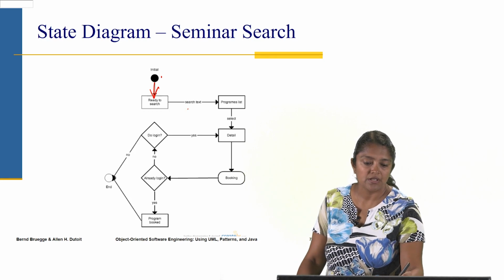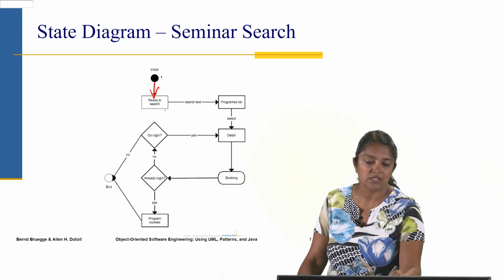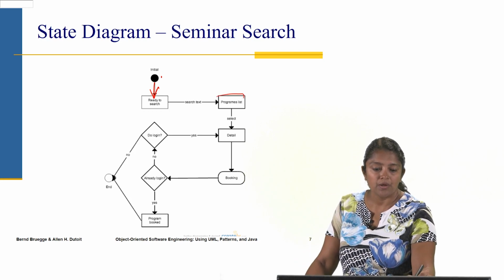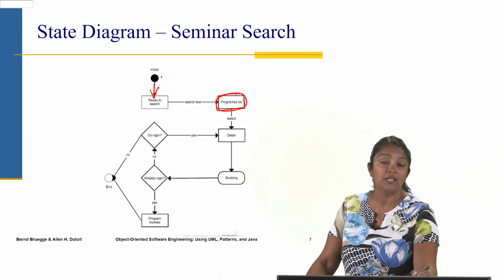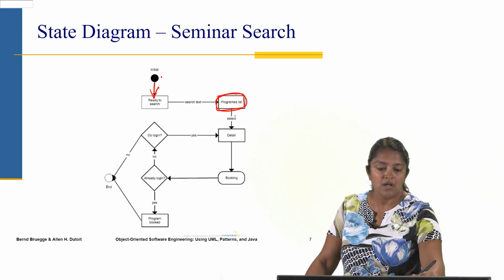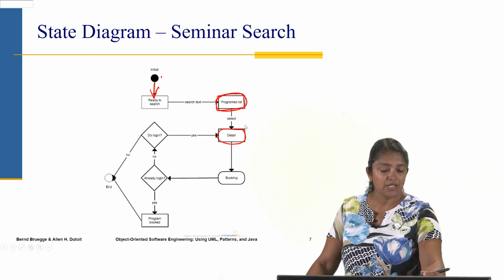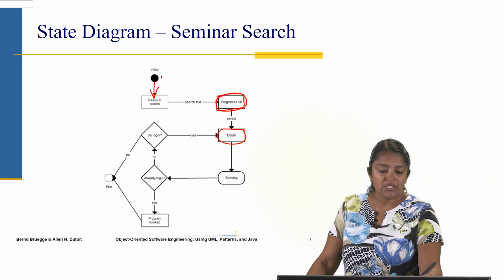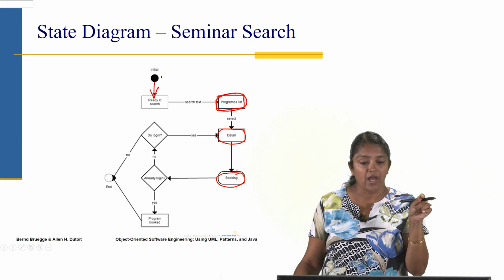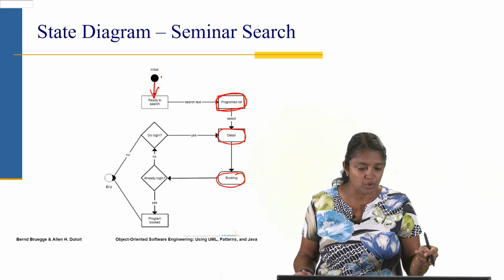So from there, the search text is entered that causes the state to change to showing the program's list, the list of all of the seminars. From there, the user selects one to see, and then the detail page shows up. So that's the next state. From the detail page, if the person decides to make a booking, then it goes into the booking state.